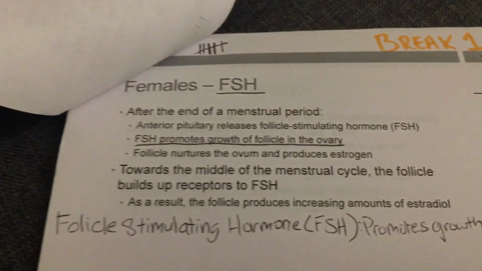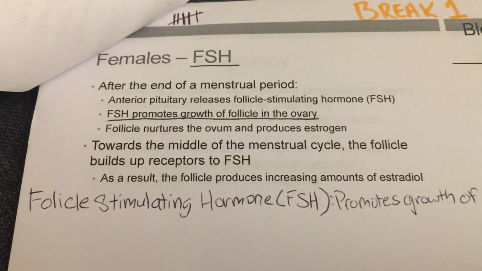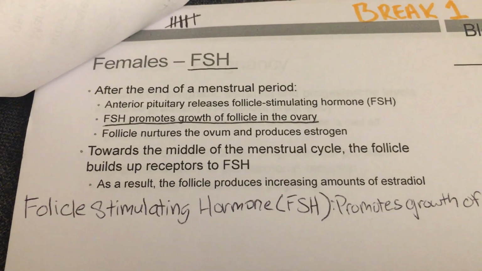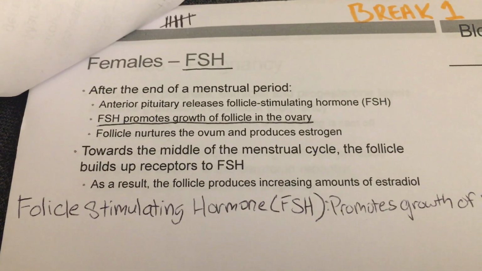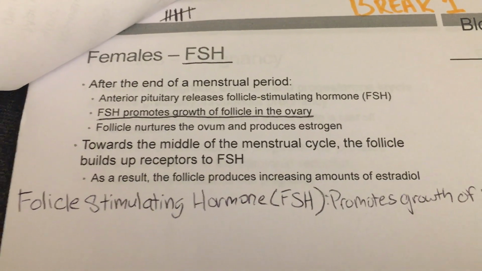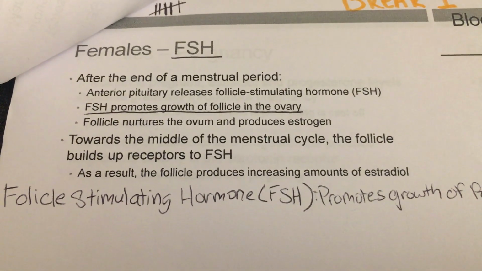After the end of a menstrual period, the anterior pituitary releases follicle-stimulating hormone, FSH. FSH promotes growth of the follicle in the ovary. The follicle nurtures the ovum and produces estrogen.